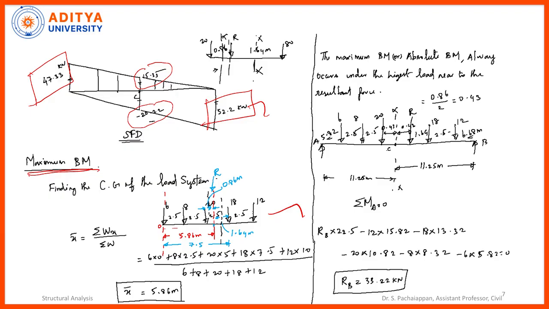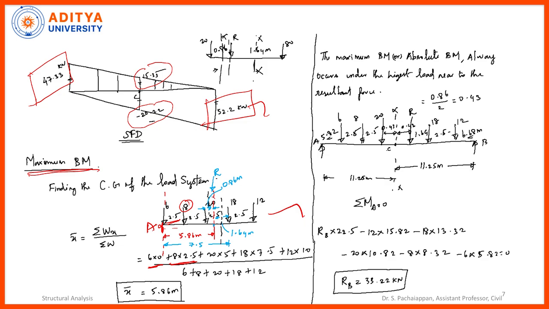Now I am taking moment at this point A, starting from this point alone. So this 6 kilonewton doesn't have any perpendicular distance, that's why 6 multiplied by 0. And then this 8 kilonewton multiplied by the linear distance 2.5 meters, that's why 8 into 2.5.